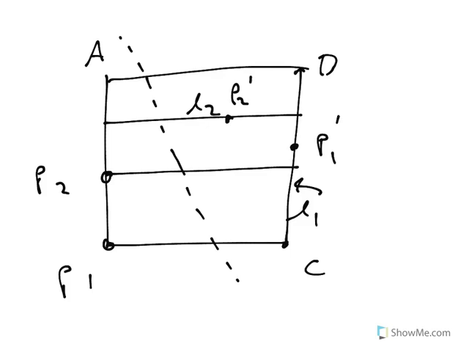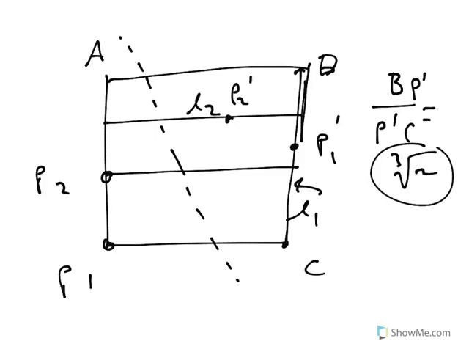If you do it, then the ratio between BP, this line segment, over B prime C will actually equal the cube root of 2 always.